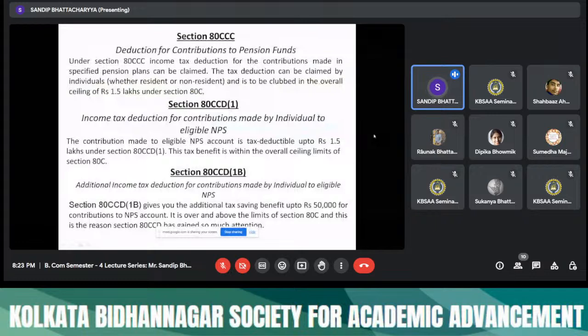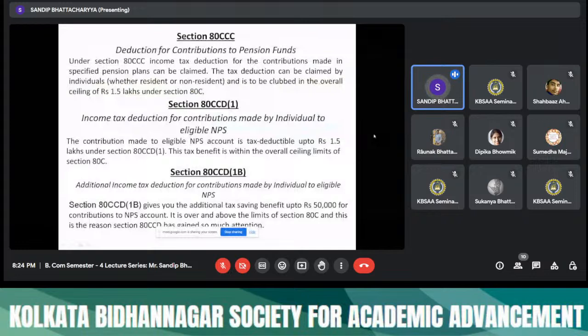I repeat this once again, where students make mistakes. Students suppose that only under section 80C is rupees 1,50,000. No, under section 80C plus section 80CCC plus section 80CCD(1), the aggregate of the three will be the clubbing of rupees 1,50,000.